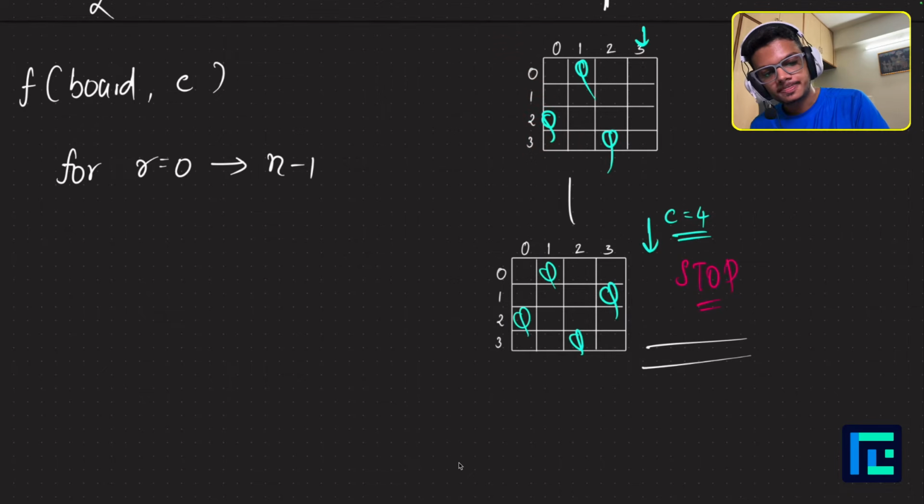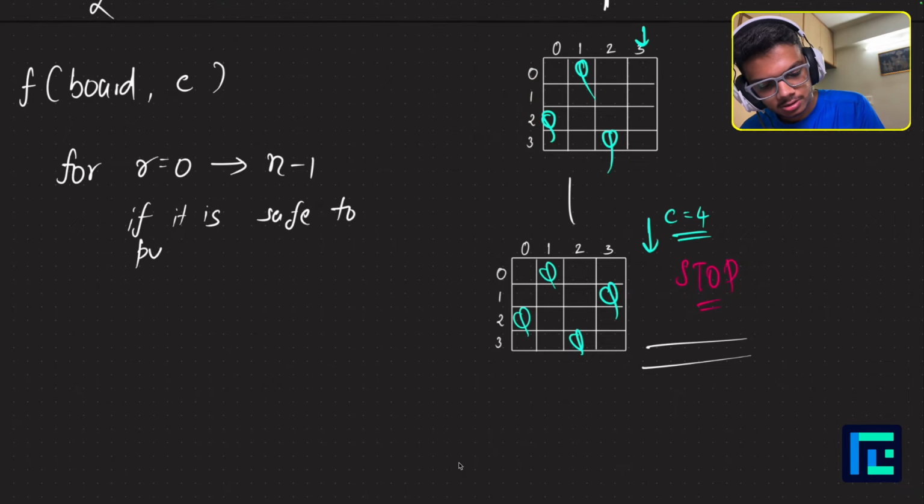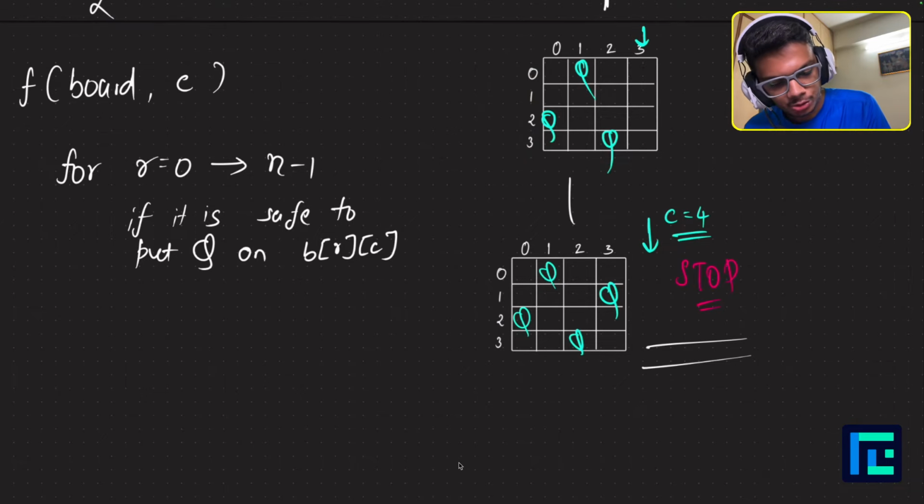That's what it does. Now if it is safe, so I'll come to this safe part, if it is safe to put a queen on our board at RC, what you can do is you can actually put it, right?